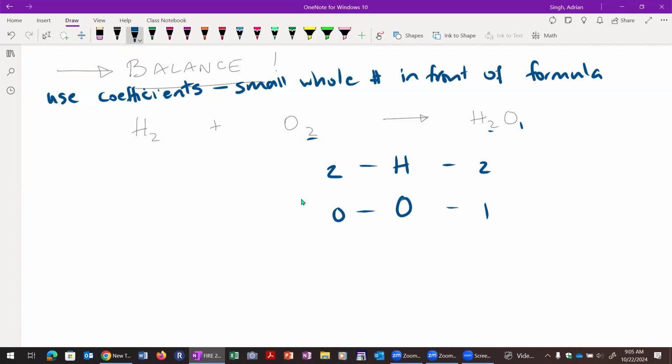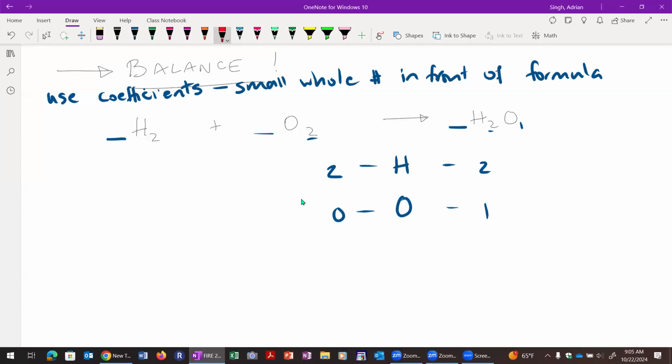The way that I like to balance is I write my equation and I put a line in front of each of the reactants and products so I know where my coefficient is going to go. All right. So we already established H's are good on the left and on the right. My O's are not. I need to make 2 oxygens on the right side. So I cannot change the subscript because then I change what this is. The only thing I can do is put a coefficient in front.